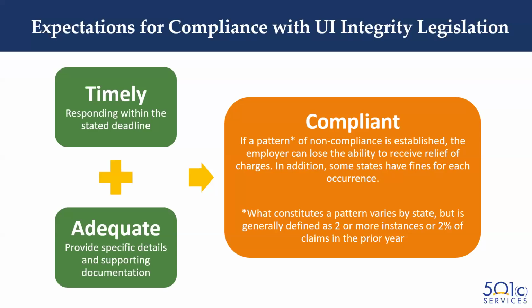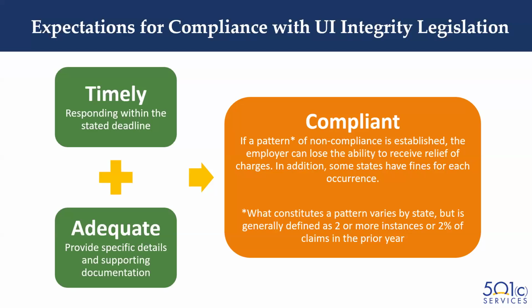And if you think about it like this, an individual could collect thousands of dollars by the time the claim gets to a hearing. So if you wait until the hearing to provide all of the necessary information that you should have provided, which would have initially disqualified the person, the state now has to go and try to collect all of that money back from someone who is currently unemployed. And in most states, the employer does not get their money back until the state recoups it.